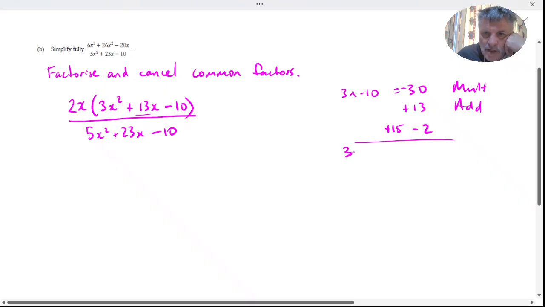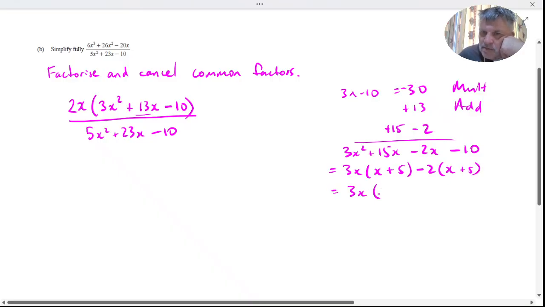So 3x squared plus 15x minus 2x minus 10. That's going to be common factor of 3x, x plus 5, common factor of minus 2, x plus 5. So 3x minus 2 times x plus 5. That's the numerator.